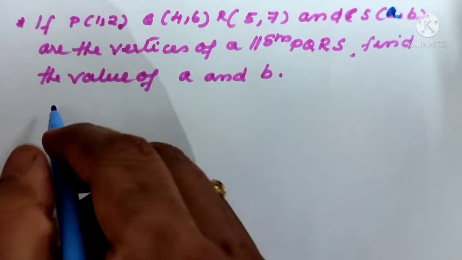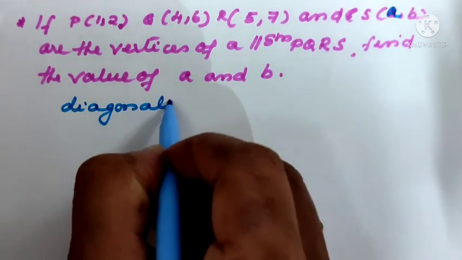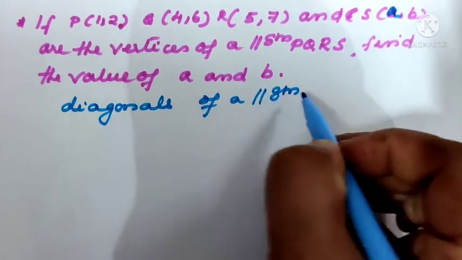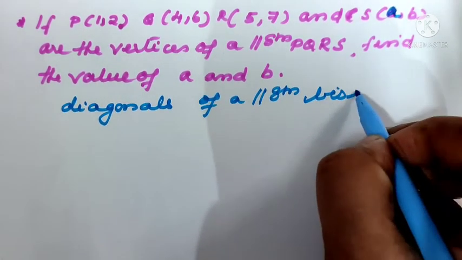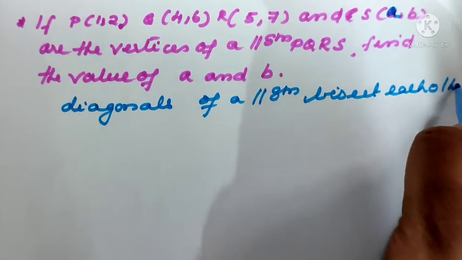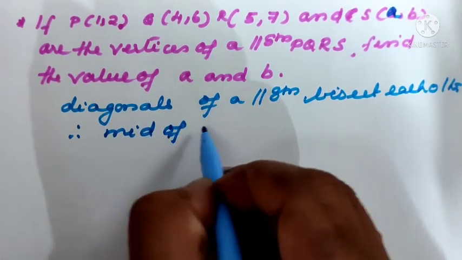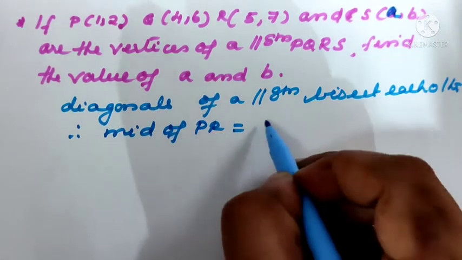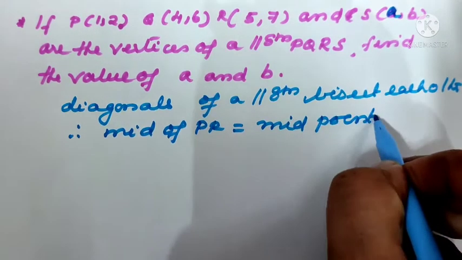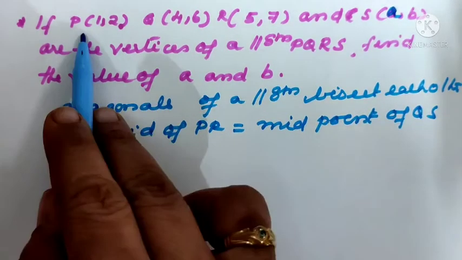So we will write that the diagonals of a parallelogram bisect each other, therefore midpoint of PR equals midpoint of QS. What is the midpoint of PR?